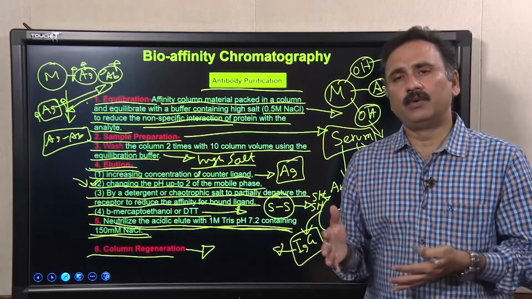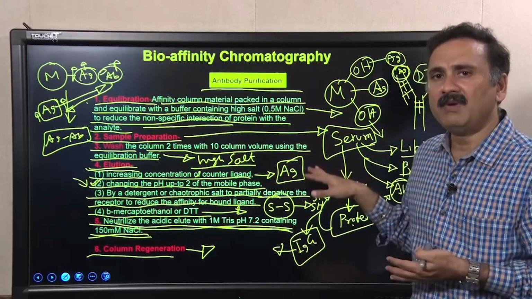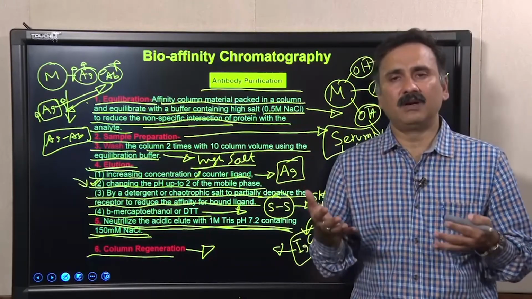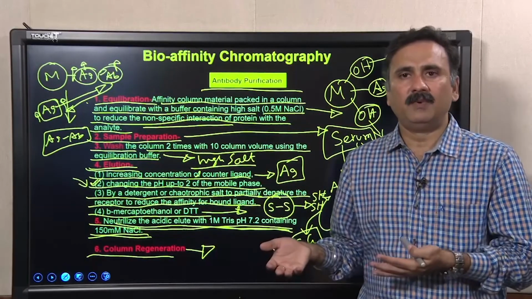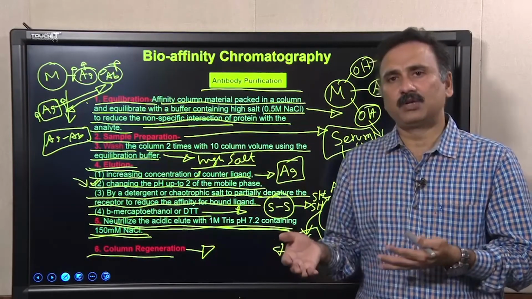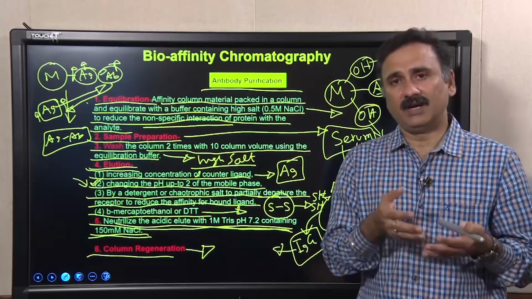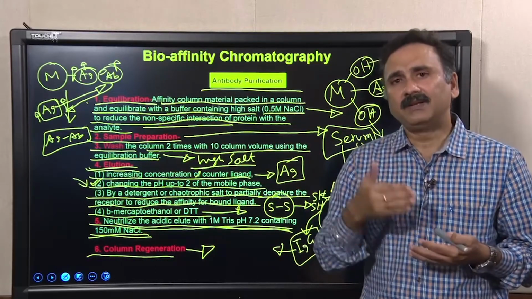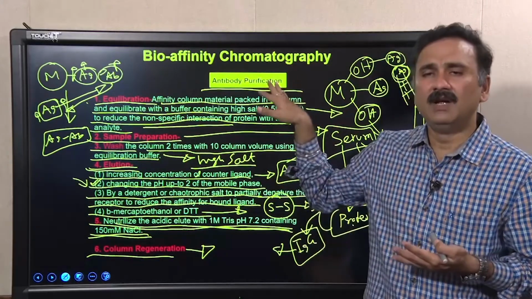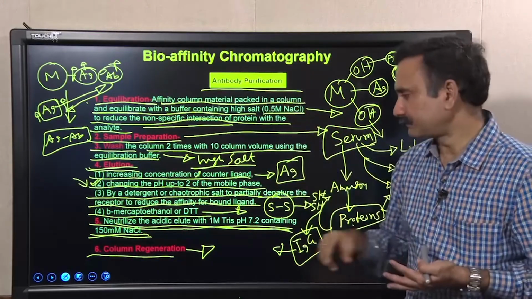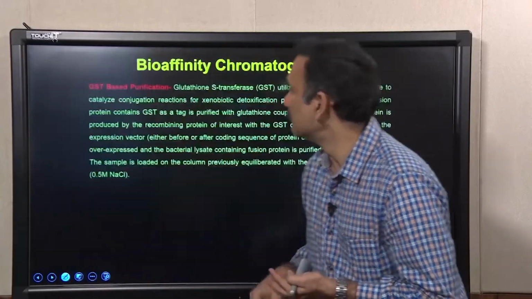It also is going to remove any remaining lipids and other contaminating factors which are present in the serum and now binding to the matrix or to the bound ligand or bound antigen. So, after that this column is going to be freshly available for another round of antibody purification.